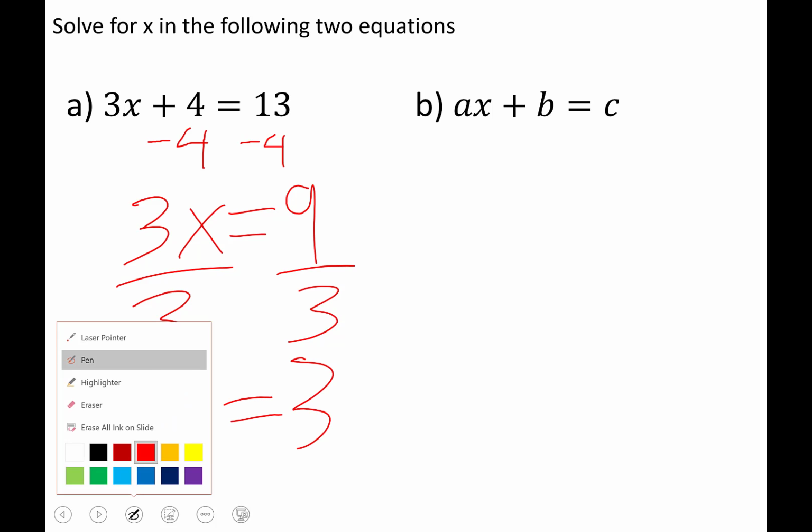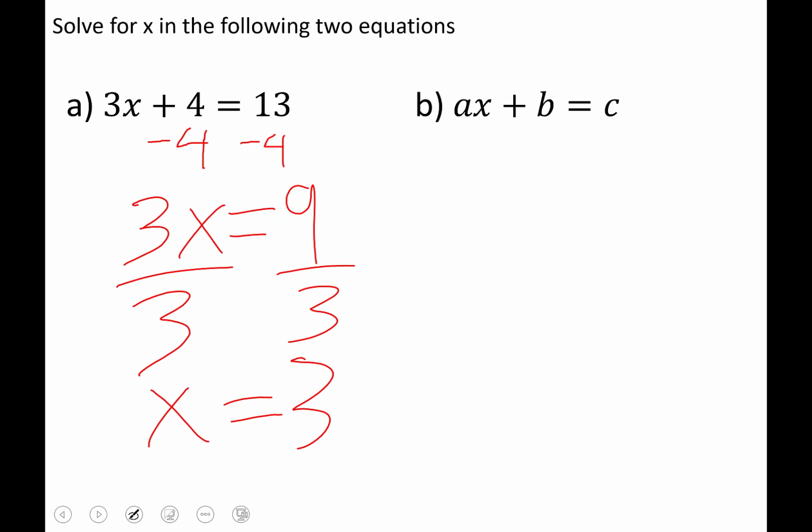Let's go ahead and look at the second one, which is ax plus b equals c. Notice in this one I don't have any numbers, but the inverse operations still work with our variables. So I'm going to subtract b on both sides, since it's what's adding to ax. And I get ax is equal to c minus b. c and b are not like terms, so I can't simplify them.